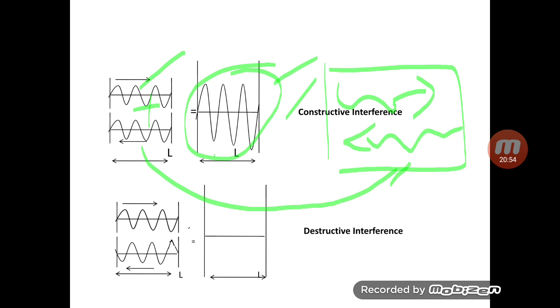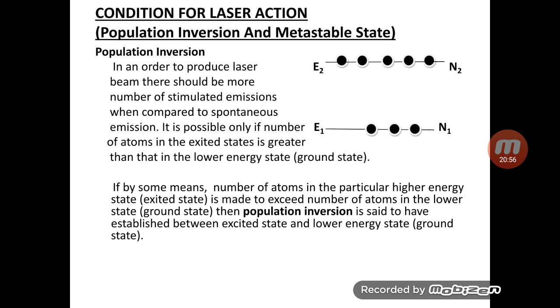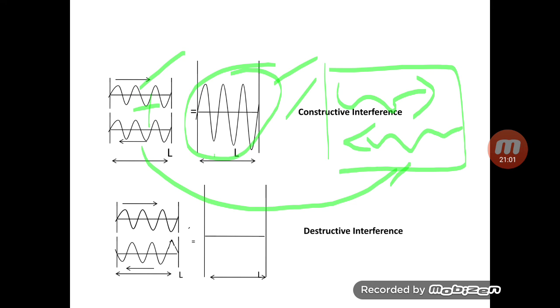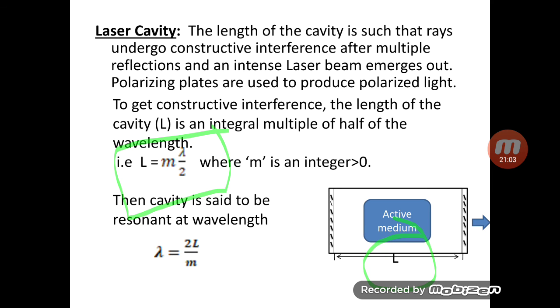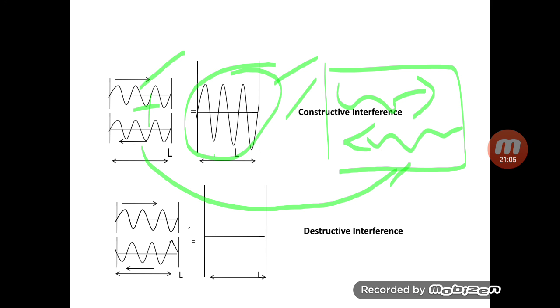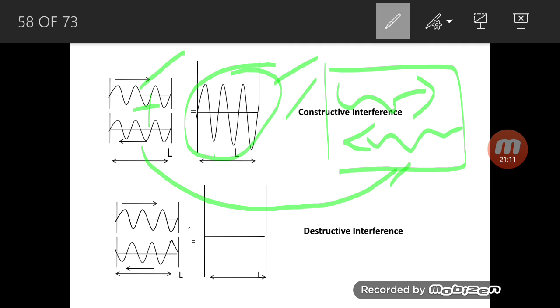Clear? You cannot have the standing wave, in other words. There is another condition known as destructive interference. If the waves which are moving in opposite directions are out of phase, then they cancel each other, producing a null wave.